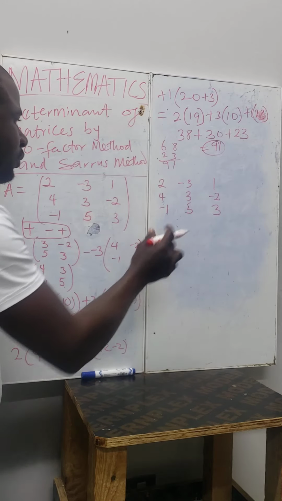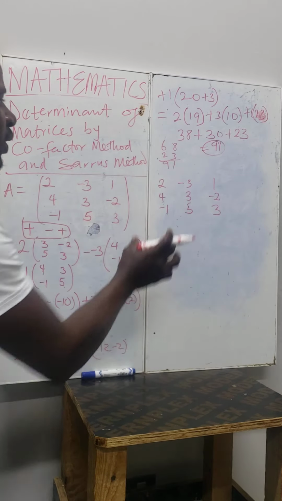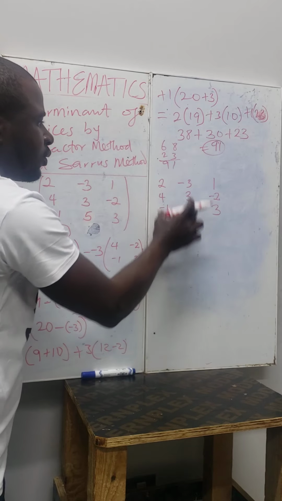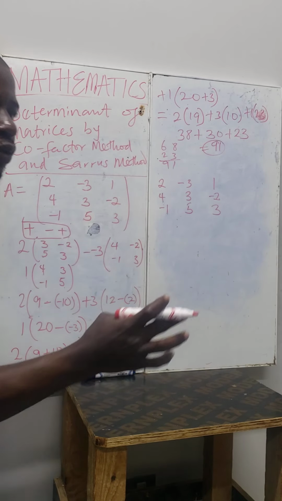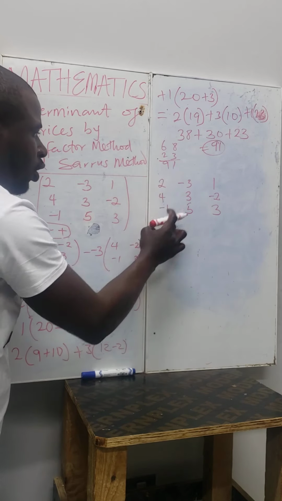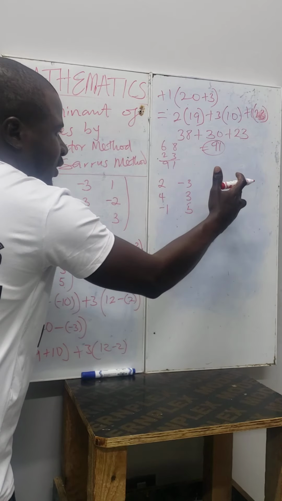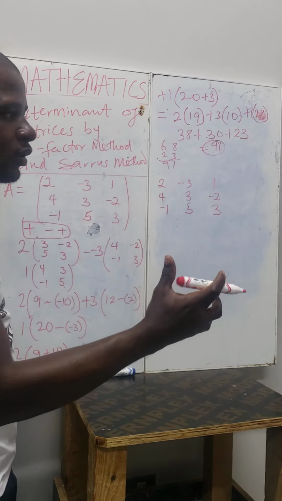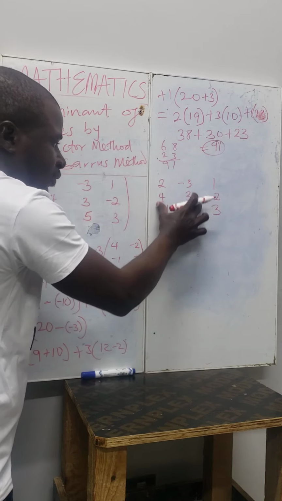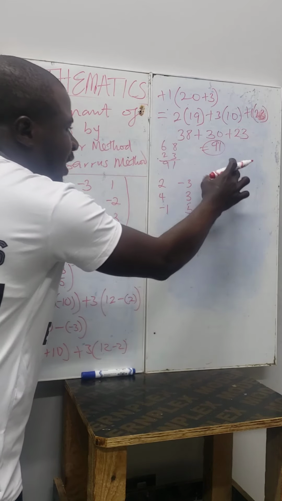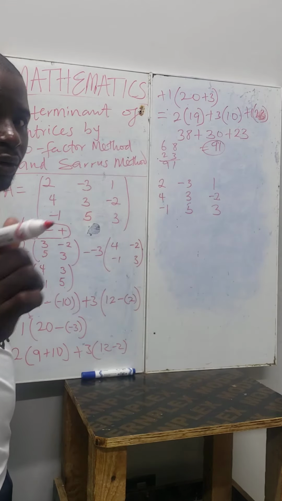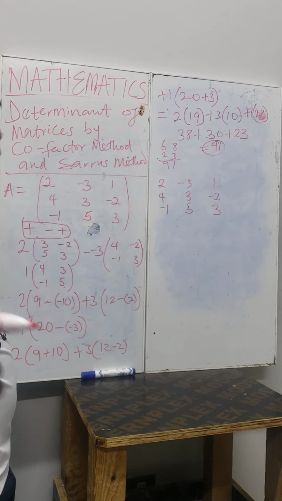This is the original question. After you have written the original question, you write the first 2 columns and join them with the original question. Take note, that is the formation of Sarrus.